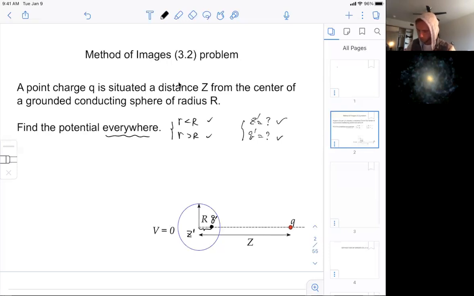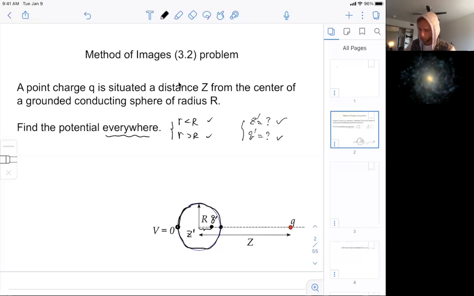All right, so by putting an image charge, I need to have the same boundary conditions, so everywhere on the sphere we should have potential 0. So I'm going to pick 2 points on the sphere, one here and one here.